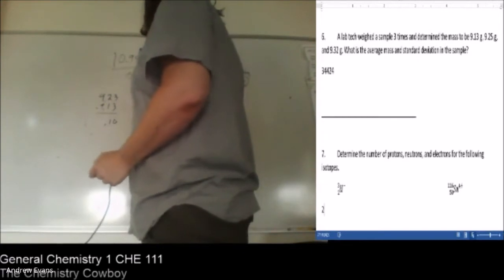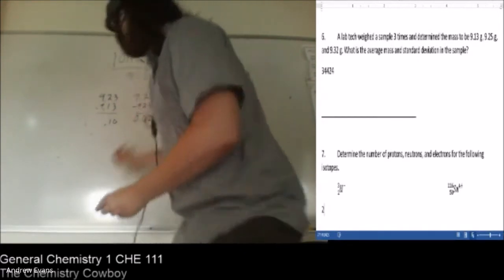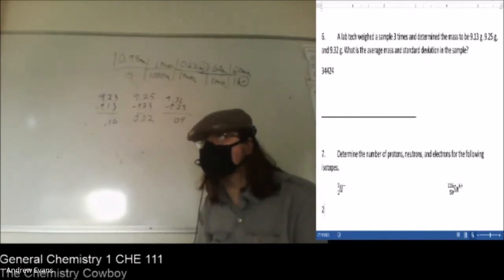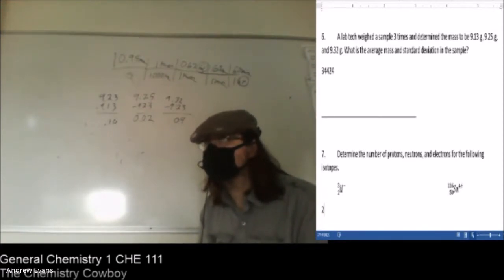Difference of 0.09. We sum them up and we take the average. That's how you calculate the standard deviation. The difference of each value from the average is how you calculate the standard deviation.